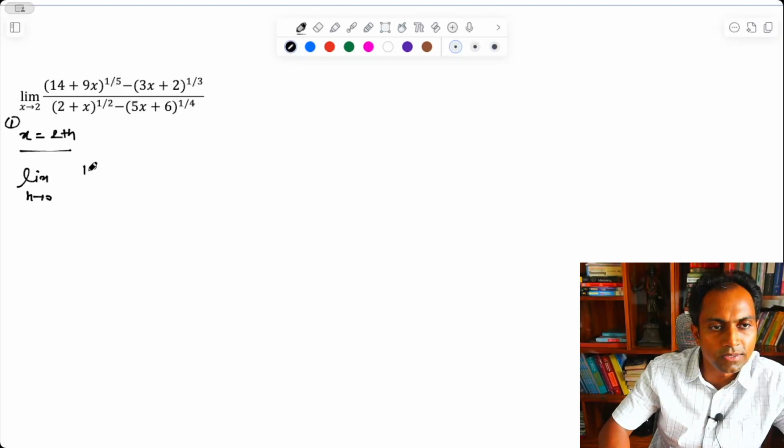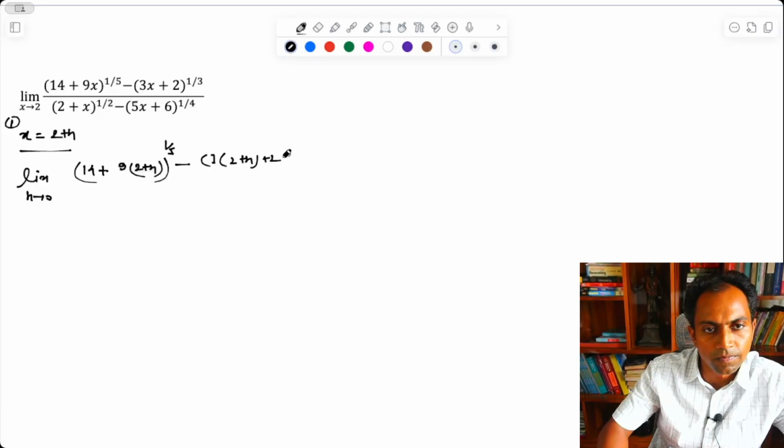And as a result, this becomes 14 plus 9 times (2 plus h) raised to the power 1 by 5 minus 3 times (2 plus h) plus 2 raised to the power 1 by 3, divide by (2 plus h) raised to the power 1 by 2 minus 5 times (2 plus h) plus 6 raised to the power 1 by 4.